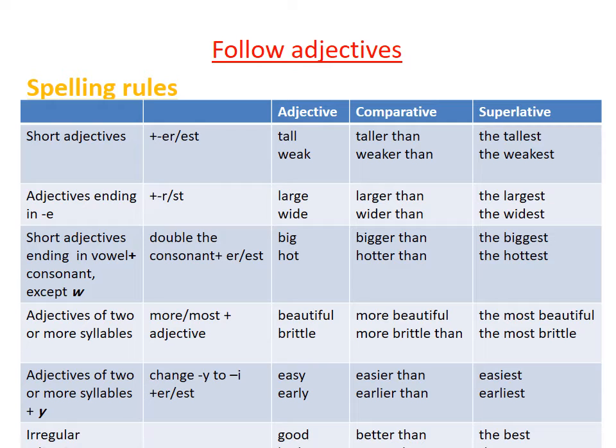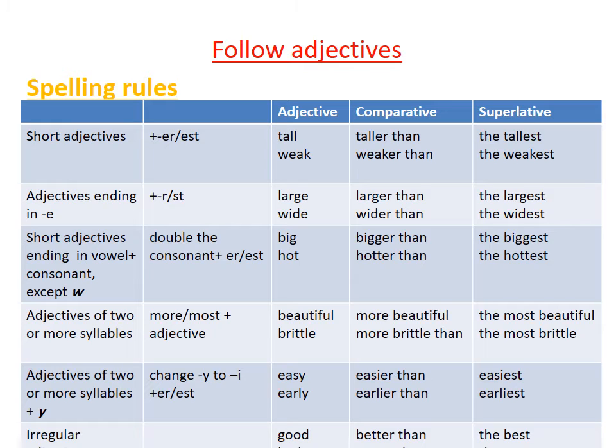Large. The adjective large ends with E. So in the comparative I will add R, larger than. In the superlative I will add ST, largest. ما في داعي أن أكرر حرف الإي. The same thing with wide, wider. R in the comparative, ST in the superlative.